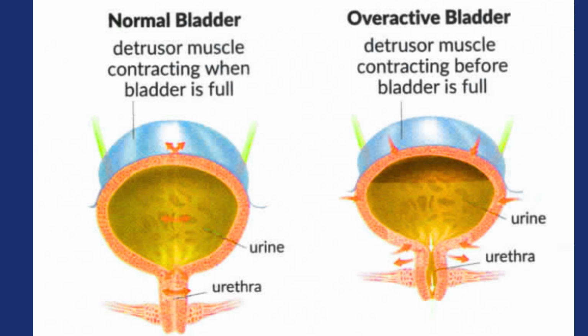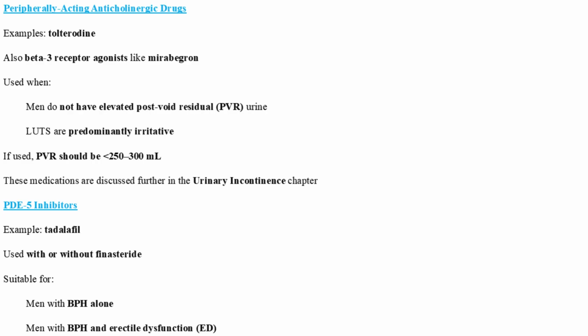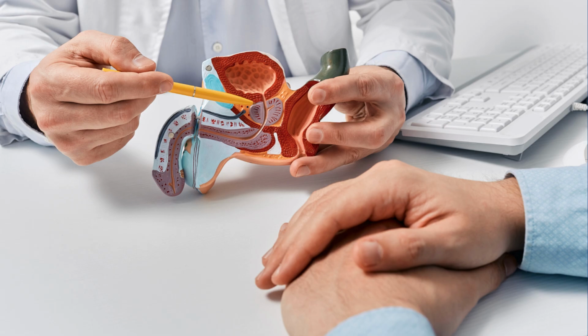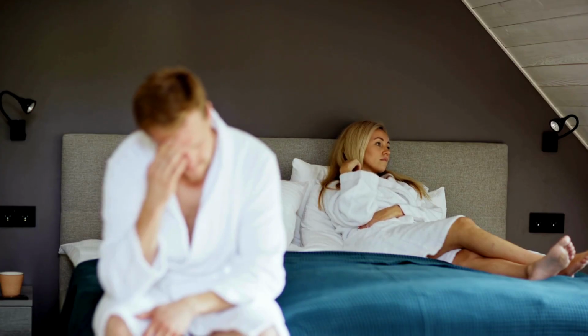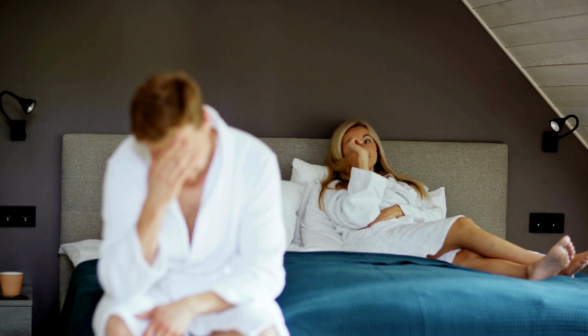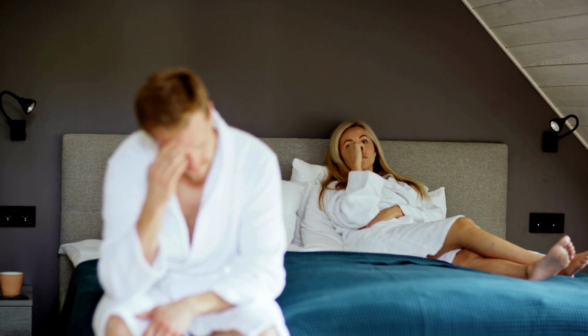These medications are especially useful in cases of overactive bladder and are discussed in more detail in the chapter on urinary incontinence. Another useful class is phosphodiesterase inhibitors such as tadalafil, used alone or with finasteride. This is a particularly attractive option for the man who has both BPH and erectile dysfunction.